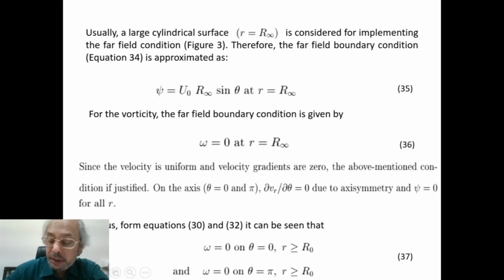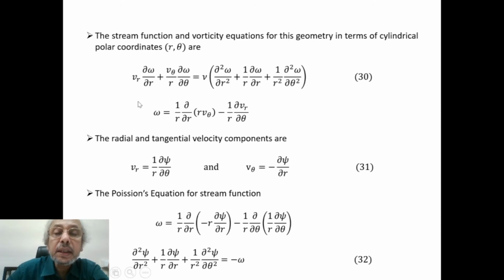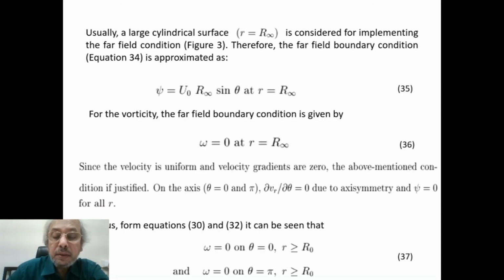Now in equations 30 and 32, going back a few slides, we will substitute for V_r and V_theta at the points theta equal to 0 and theta equal to pi. If we do that, we get omega equal to 0 at theta equal to 0 and omega equal to 0 at theta equal to pi.